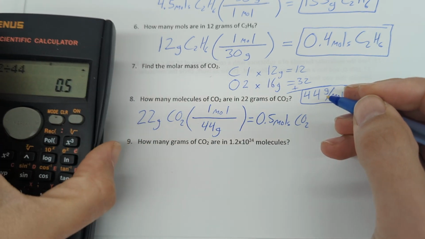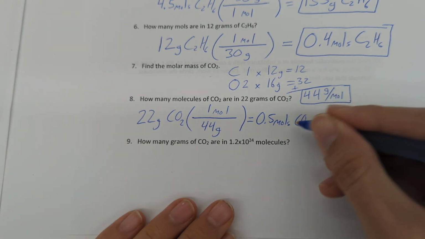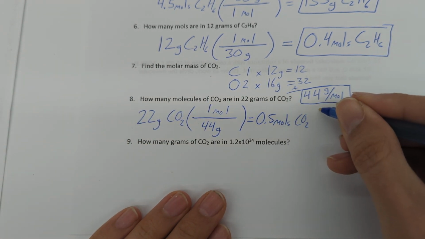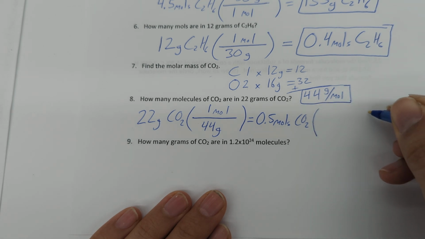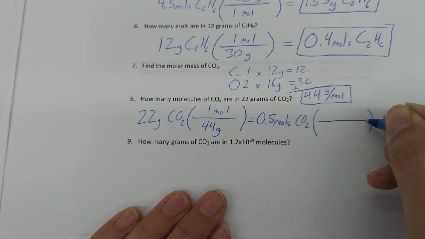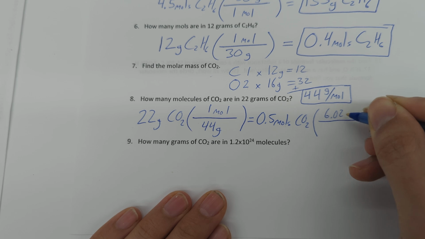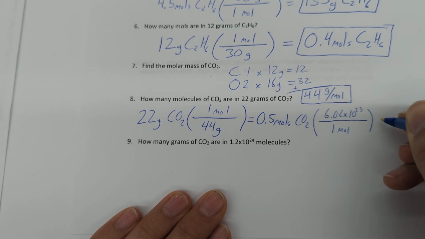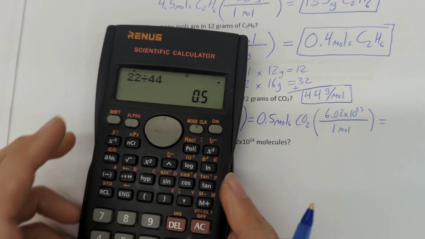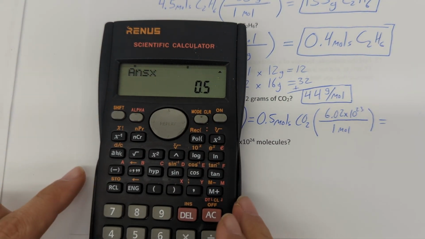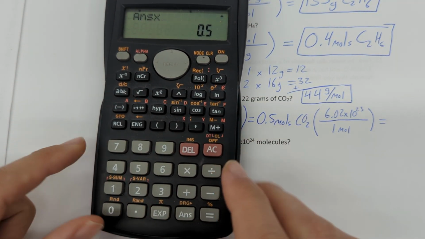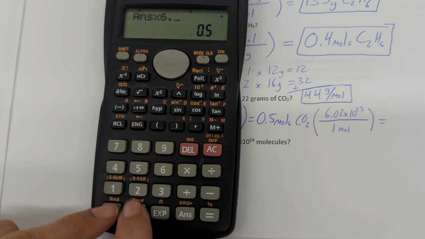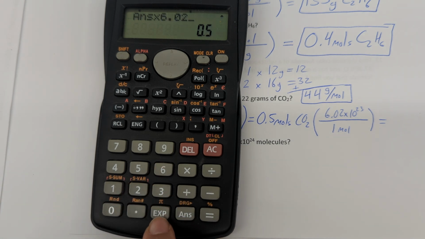And now I have just 1 step here, 0.5 moles. To go from moles to molecules, I just multiply by Avogadro's number, because that's what 1 mole is. So I'll take my 0.5 times, now take a look at how I plug in Avogadro's number here. It's 6.02 exp right here, the exponent, 23.